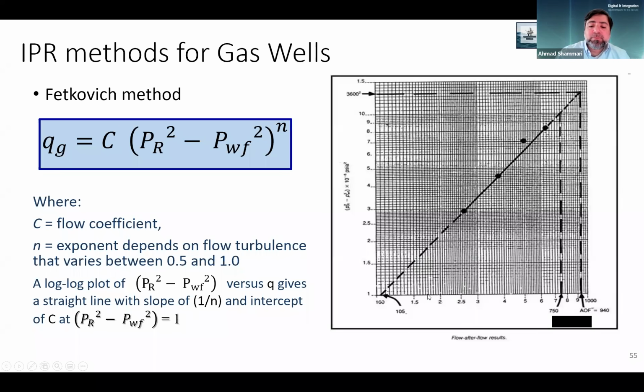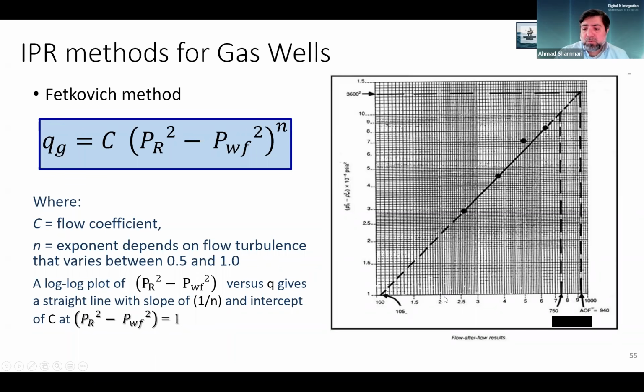And then what do we do? We come up with a log-log scale. And then on the y-axis, instead of P reservoir, we are going to say P reservoir squared minus PWF squared, okay? And then multiply to the power minus 6. And then this will be on the y-axis. Again, this is log scale. On the x-axis, it's going to be Q, right?